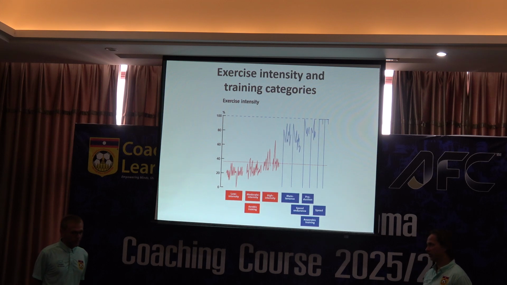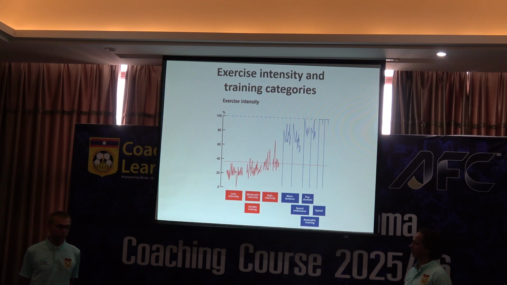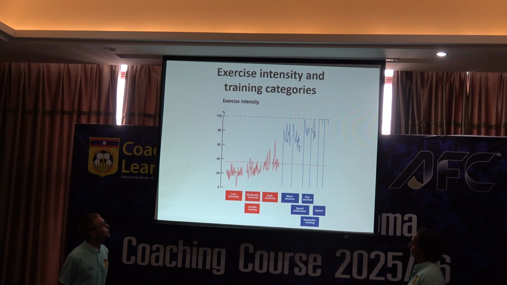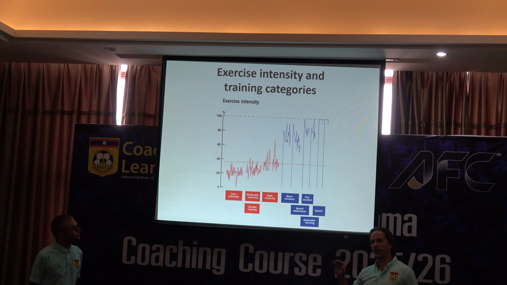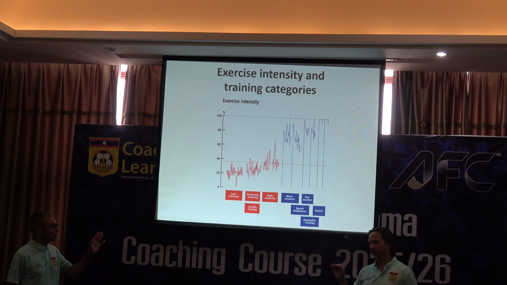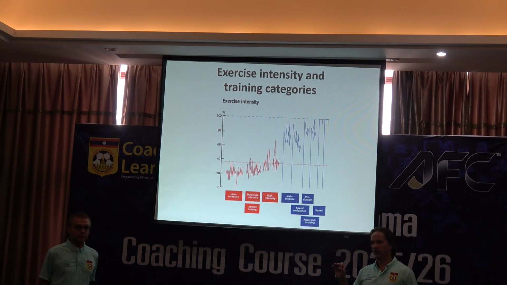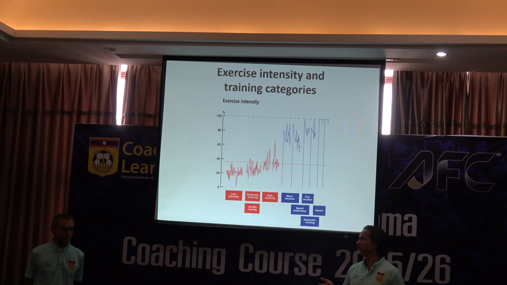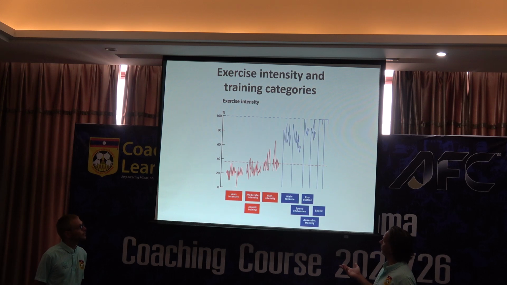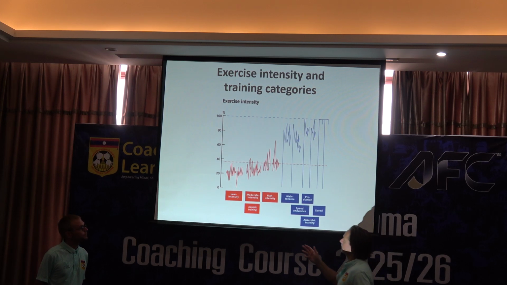And we see that the dotted red line, that is the intensity where most players reach the maximum oxygen uptake, at 60%. So this could be maximum aerobic speed, for example, if we look at tracking data. And then we have aerobic training with moderate intensity.